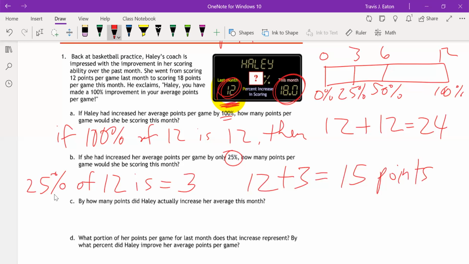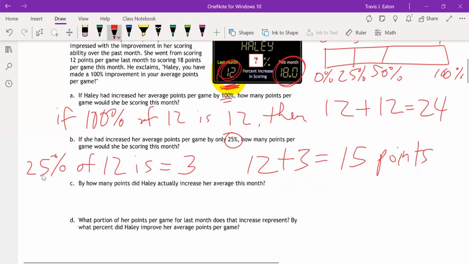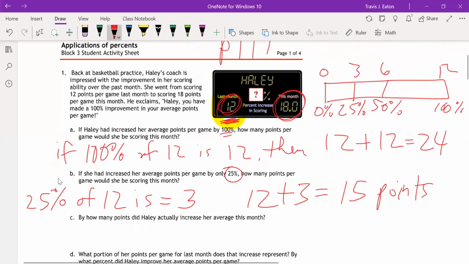Now, by how many points did Haley actually increase her average? She didn't score 100% better, right? She's not doing 25% better. By how many points did she actually increase her average? Well, if she did 12 last month and she's doing 18 this month, that's 6 more points, right? And we found 6 more points to be 50%.